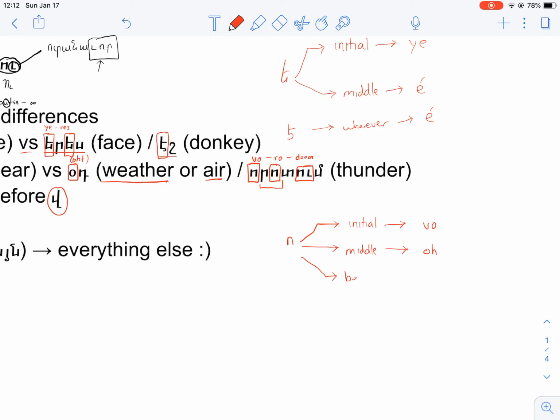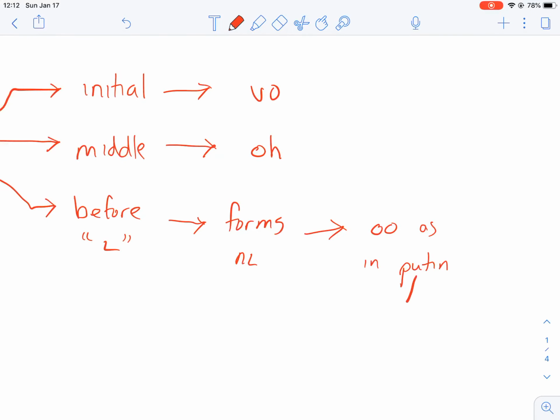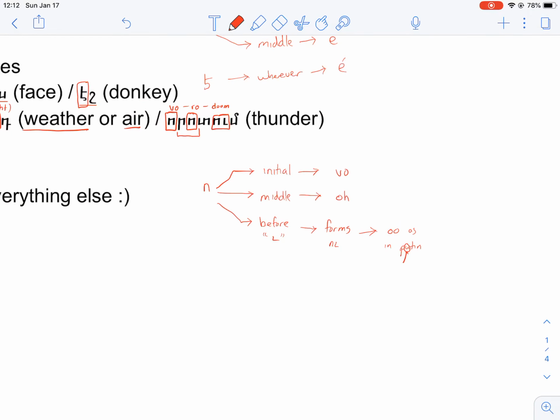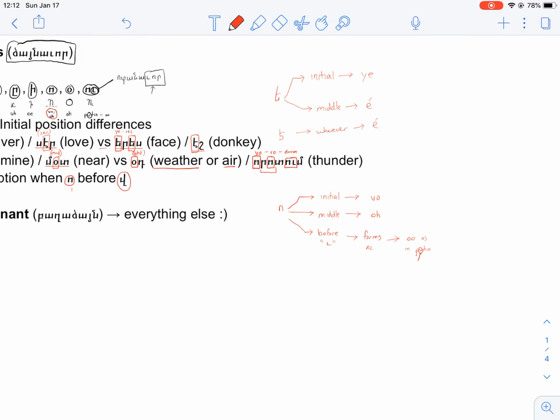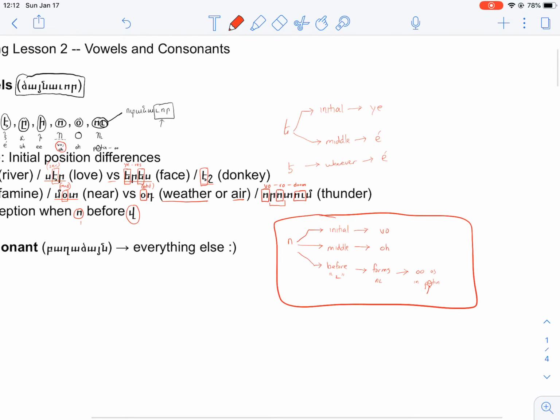And before the hyun, forms u, pronounced as u, as in Putin. Okay, u. Okay, so these are our keys.